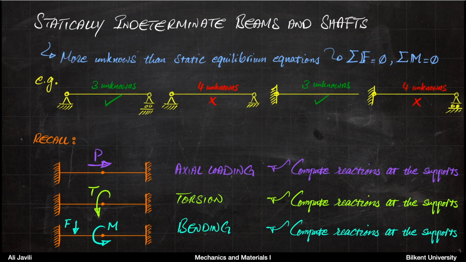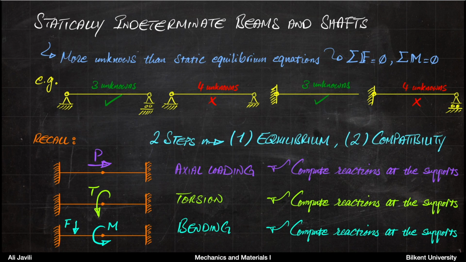In order to do that, we do exactly the same thing as we would always do. The first step is equilibrium, basically drawing the free body diagram and writing your equilibrium equations, or as many equations as you have, and are valid. And then the missing equations, the part that we cannot solve using our static equilibrium equations, will be solved using compatibility.